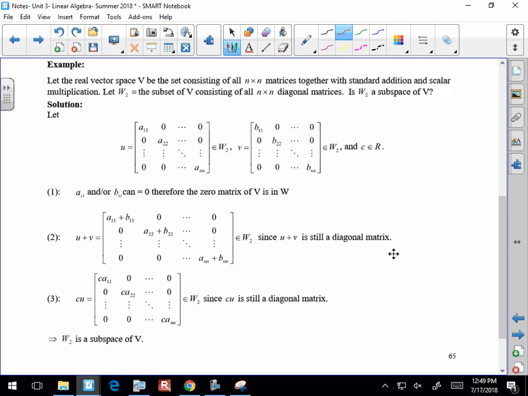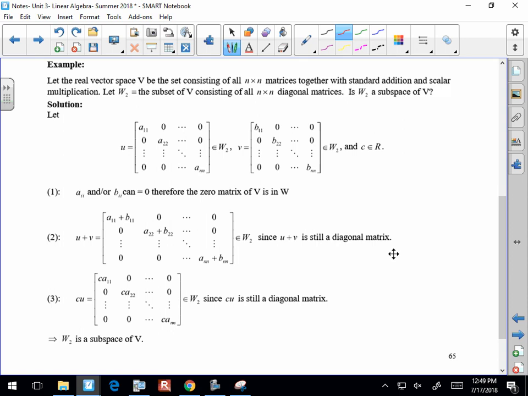There was one example here that had a typo, so I don't think it's this one. Let the real vector space V be the set consisting of all n by n matrices together with standard addition and scalar multiplication. Let W2, by definition, be equal to the subset of V consisting of n by n diagonal matrices. Is W2 a subspace of V?